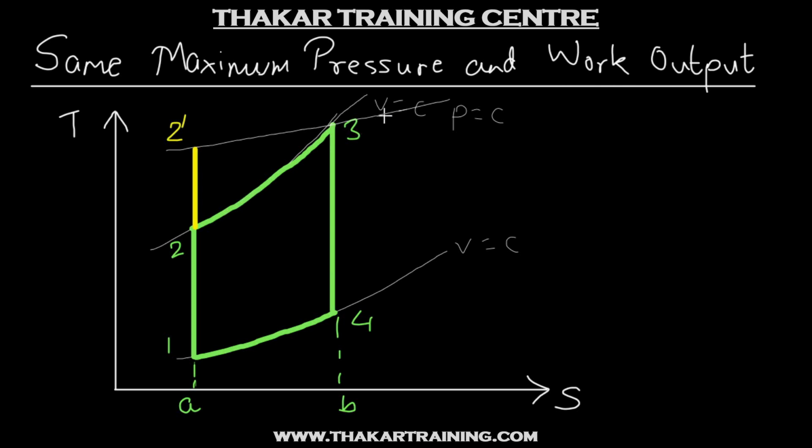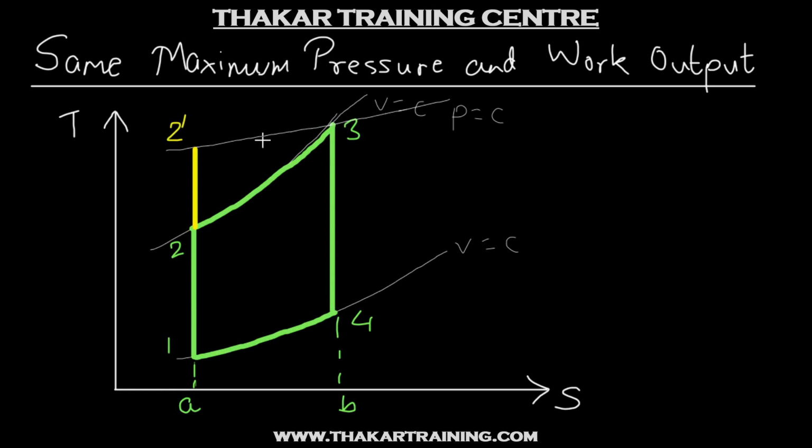I repeat, if point 3 of diesel cycle goes over here, and then we have the isentropic expansion process and then the heat rejection process, you see the area of diesel cycle is more than the area of Otto cycle, correct? Which we don't want. So clearly point 3 cannot lie over here. It should lie to the left of the point 3 of Otto cycle.